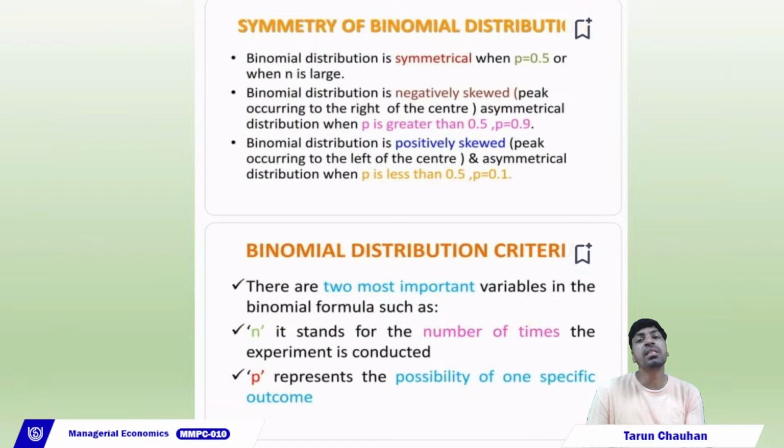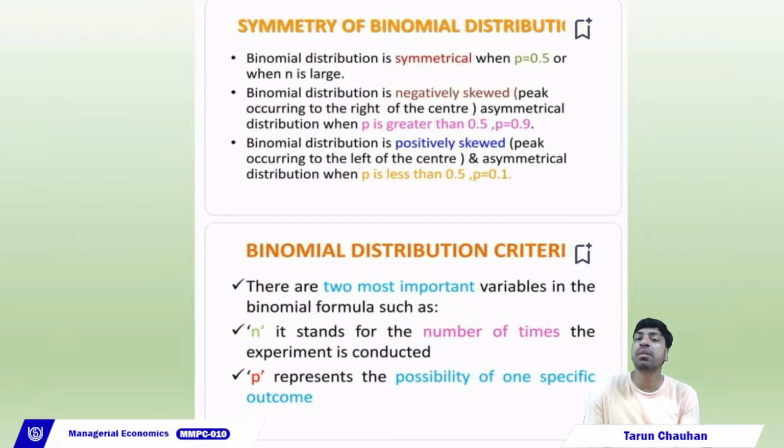Binomial distribution is negatively skewed when the peak occurs at the right of center. When we talk about the shape of the skewness, the right side of the peak point is called negatively skewed.